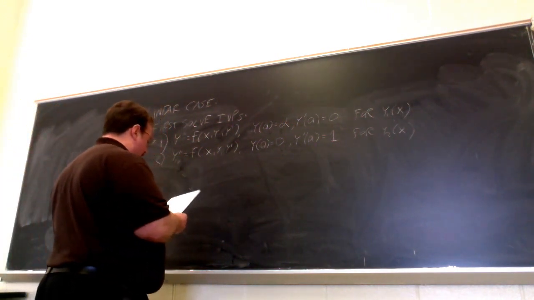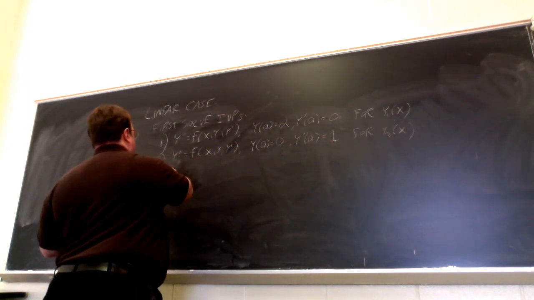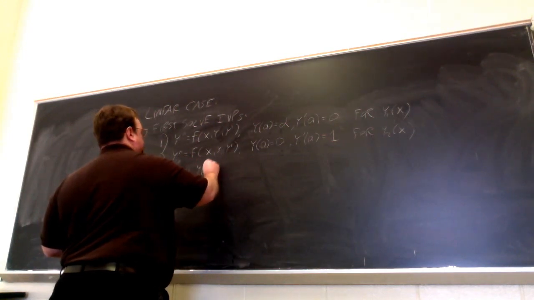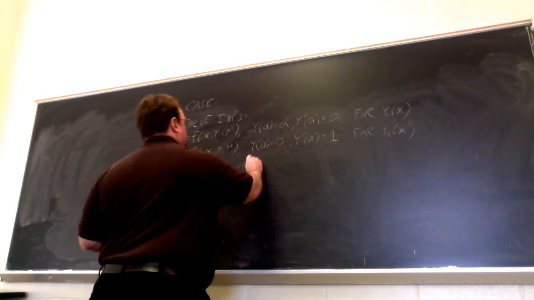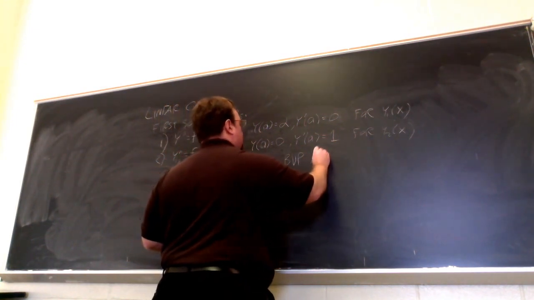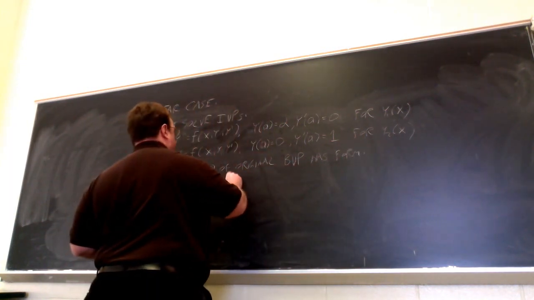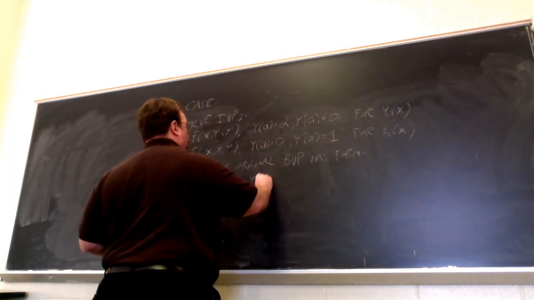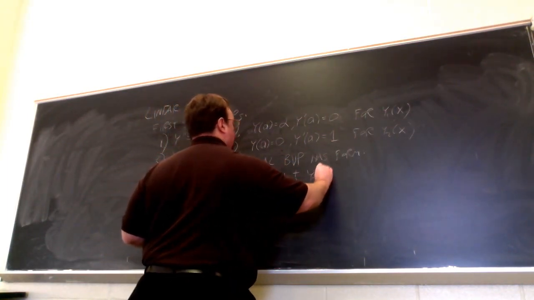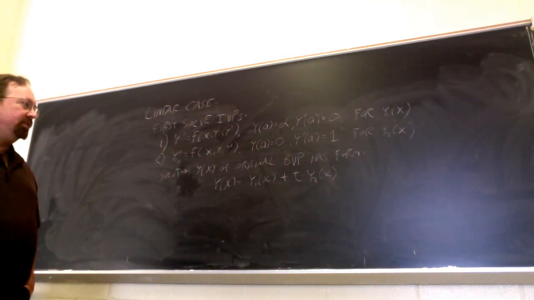So then the solution, which we'll call y of x, of the original boundary value problem has this form: y of x is equal to y1 of x plus t times y2 of x, where t is whatever slope we choose.